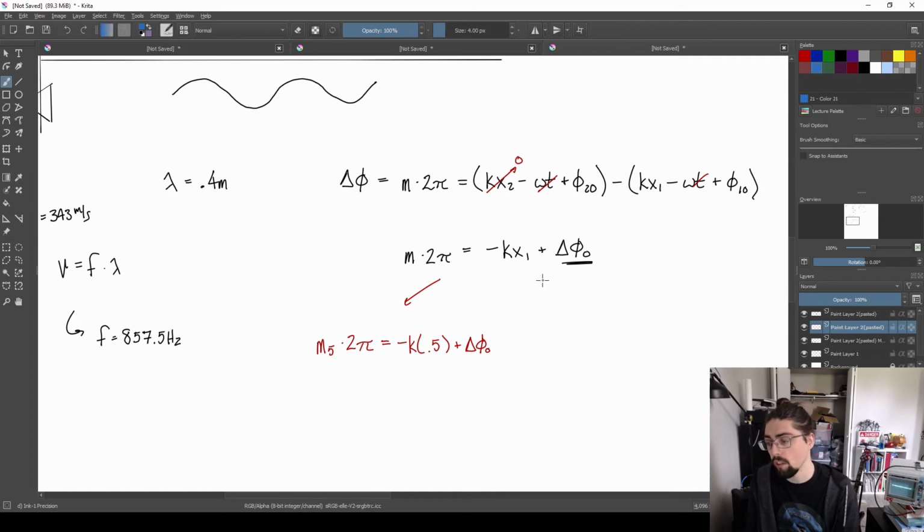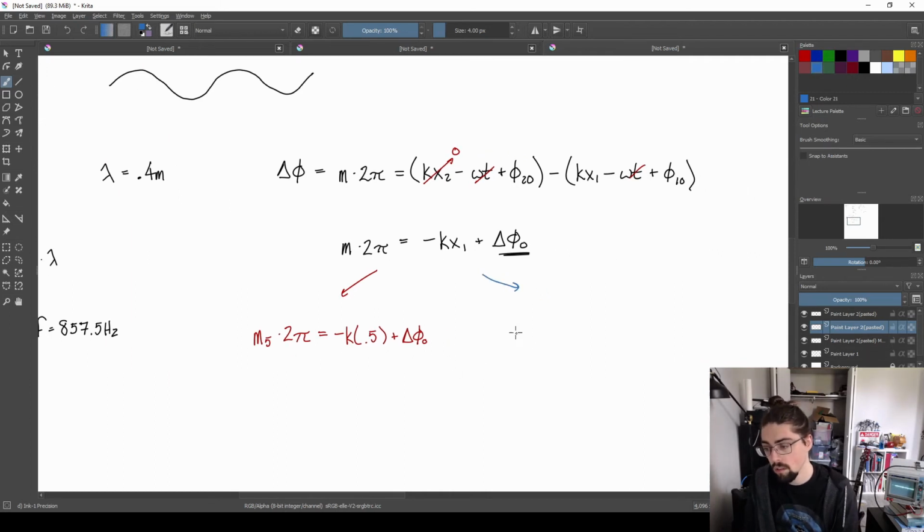I'm also going to do the exact same thing with m sub 9 at 0.9. I've got these two separate equations.